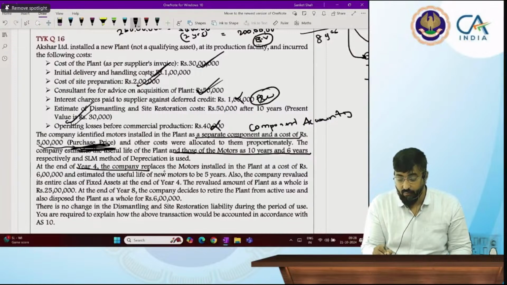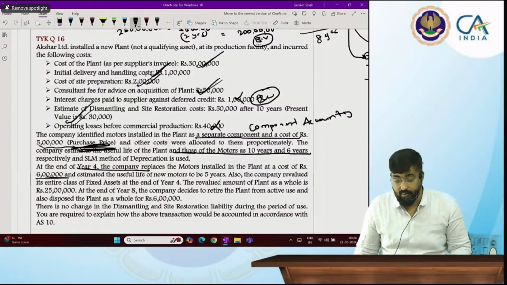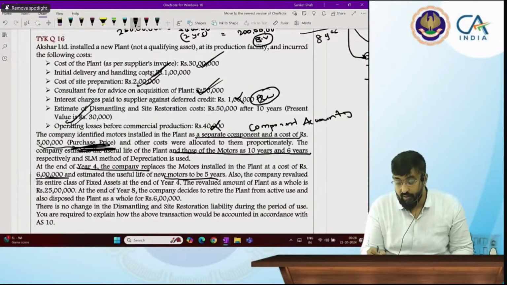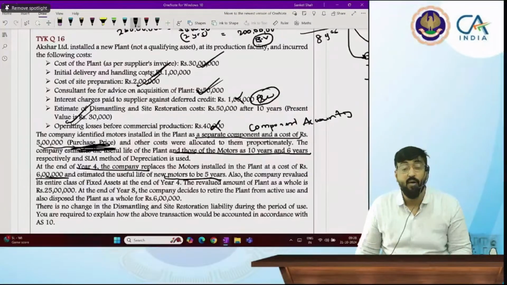At the end of year 4, the company replaced the motor with a new motor of 6 lakh, and the life of the new motor is 5 years. Correct? Yes sir.